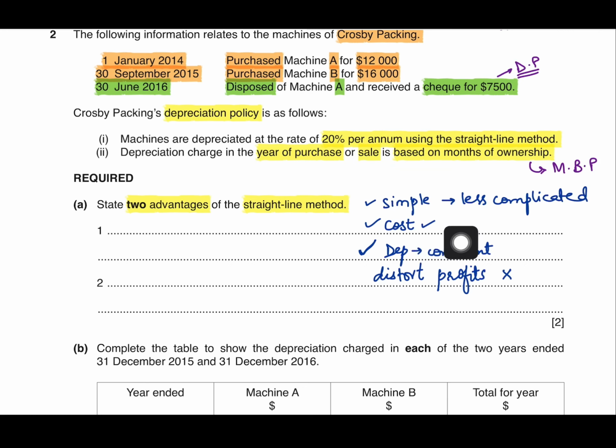However, with the straight line method, the depreciation charge is evenly distributed according to the life of that asset. So the profits are not affected at all, because the expense remains the same every year, right? So let's write these points in the answer space given to us.